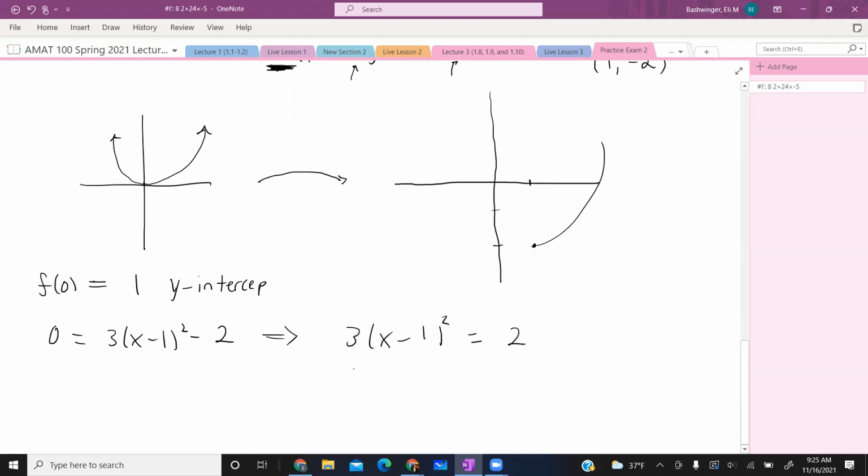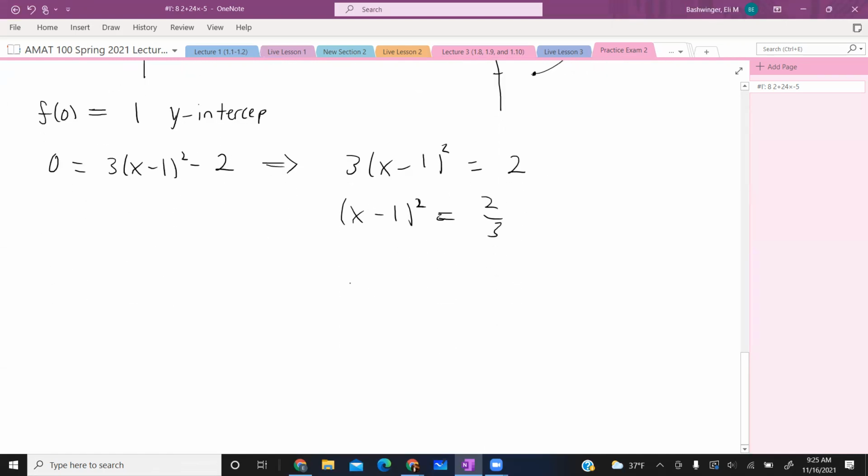So I added 2 to both sides, and then I'm going to divide by 3. And then I'm going to take the square root. So we get x minus 1. So maybe this doesn't help actually, because I take the square root and I get plus or minus the square root of 2/3.